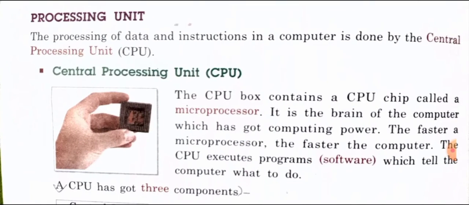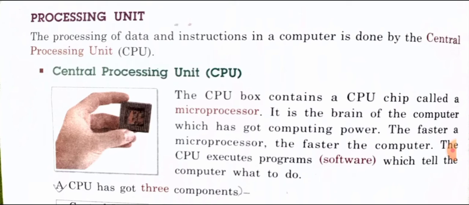The processing of data and instructions in a computer is done by the central processing unit, meaning CPU. What is the CPU? The CPU box contains a CPU chip called a microprocessor. It is the brain of the computer which has got computing power. The faster the microprocessor, the faster the computer.